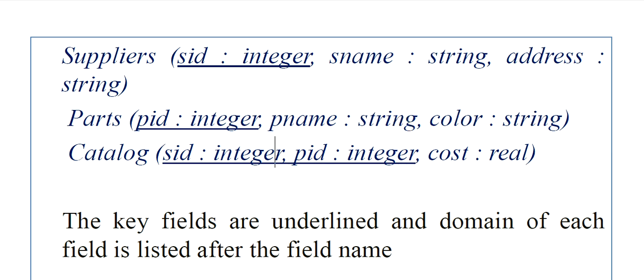Similarly, we have catalog. In catalog, we have SID as integer, PID as integer and cost as real. But you see that I am underlining both SID and PID here, so this means they form a primary key. So these are the relations given. As I have said, the key fields are underlined and the domain of each field is listed after the field name.